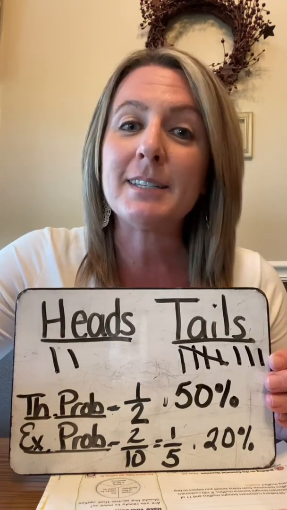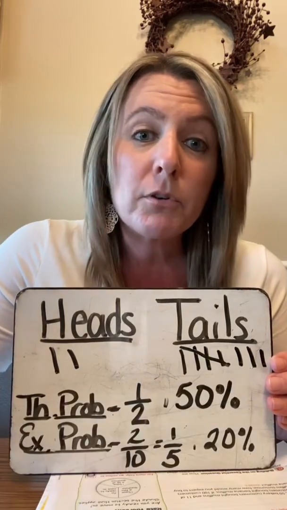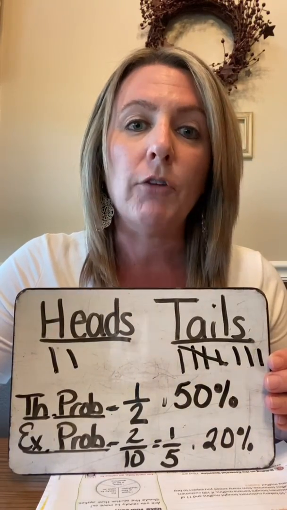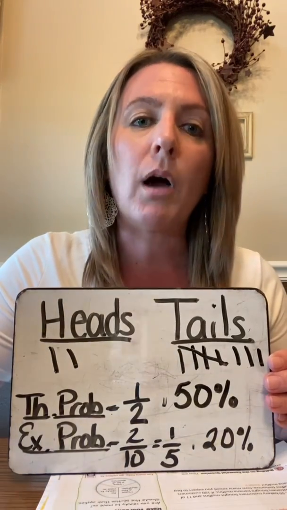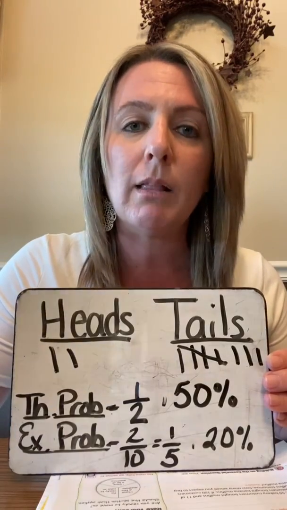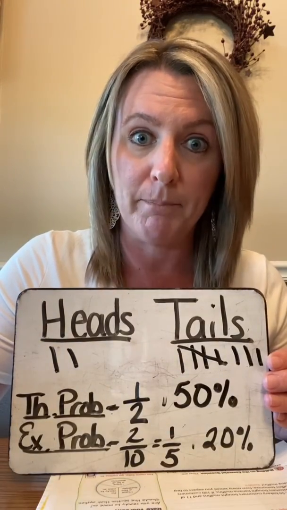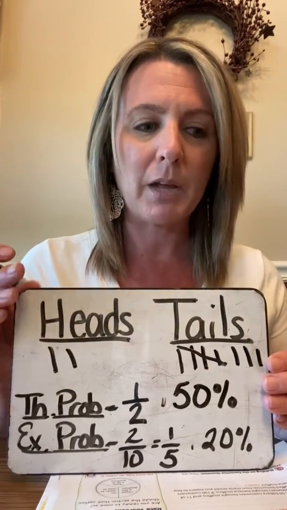Because a saying among math teachers, really just in the world, is numbers don't lie. If you do something enough times, statistically, the probability of what should happen should eventually line up with what really does happen, okay? So the explanation for this could be we just didn't do enough tries.